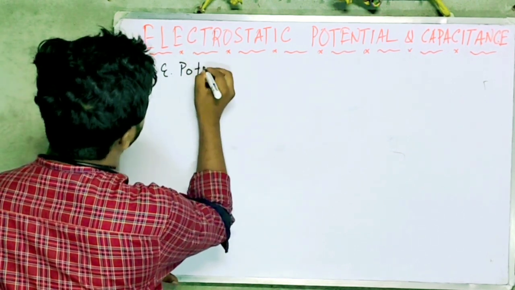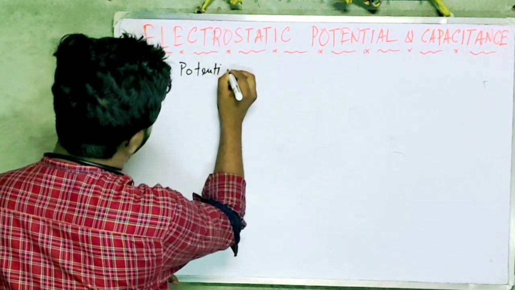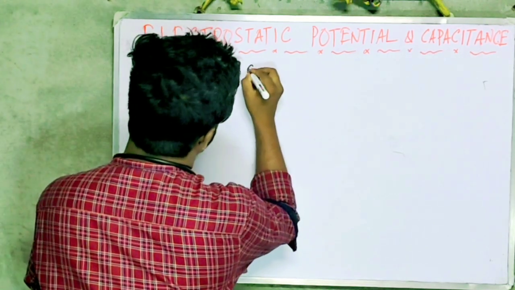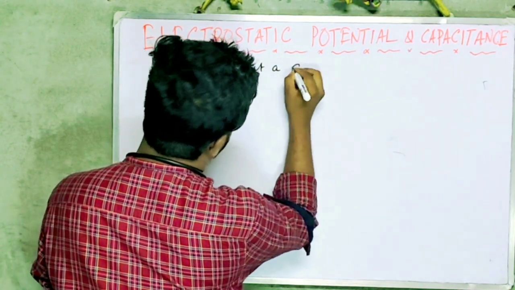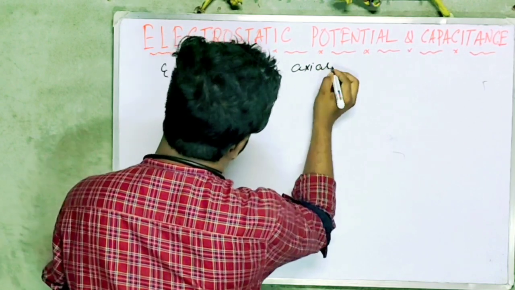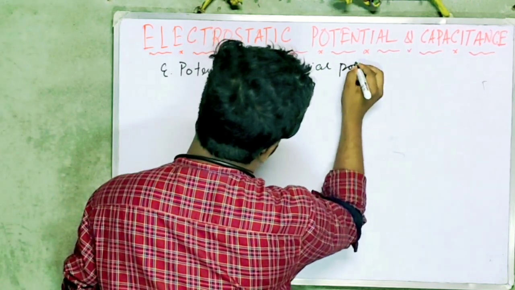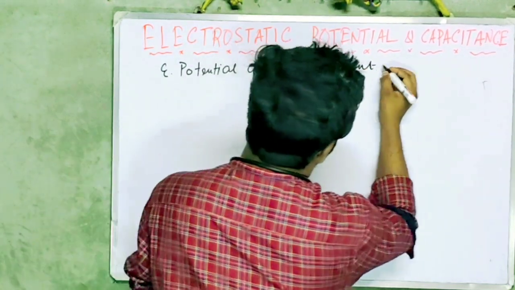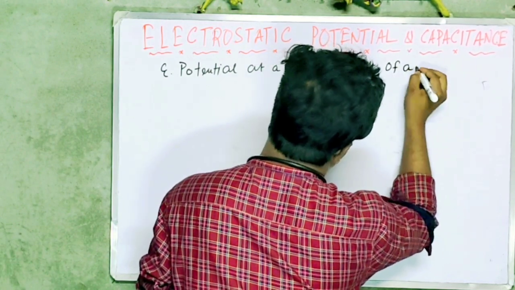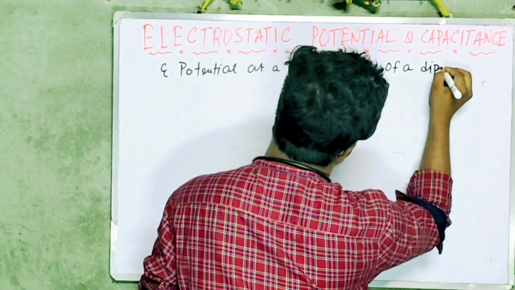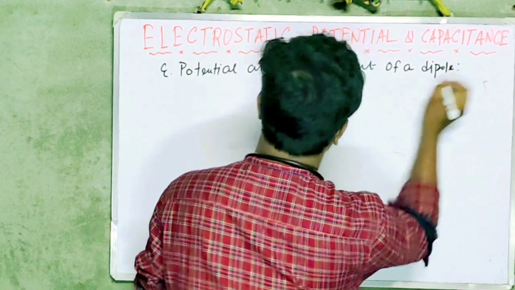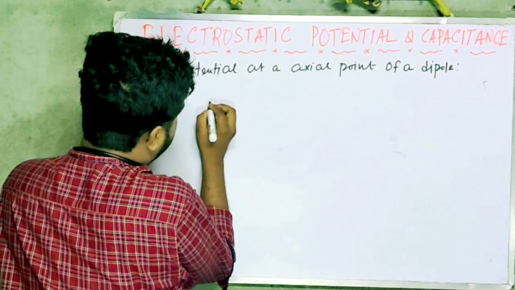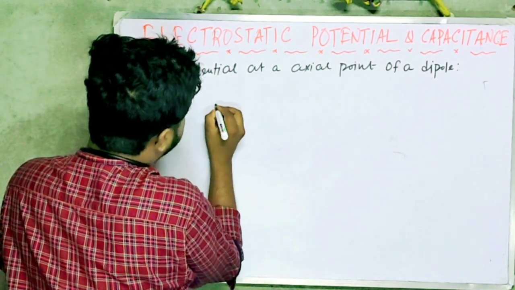potential at an axial point of a dipole. So first draw a diagram.